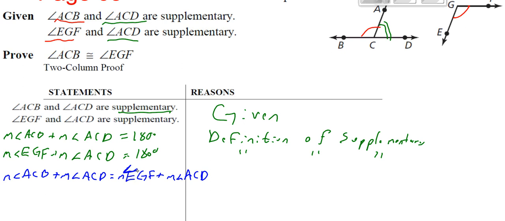Since we see that they both have a measure of ACD in them, let's subtract that away.